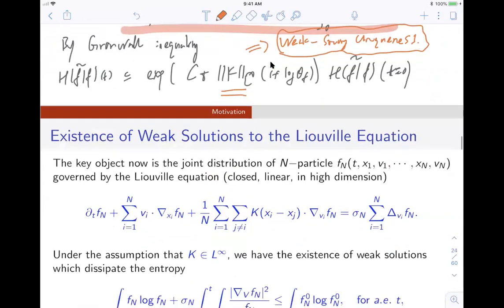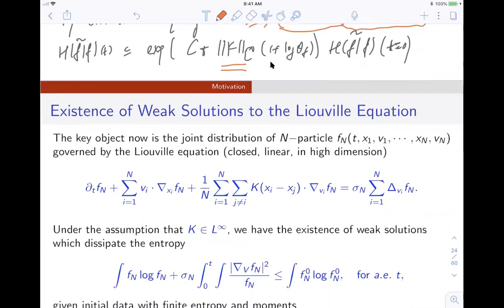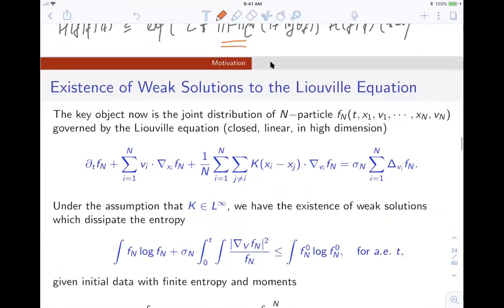So then we try: can we compare the particle system with the Vlasov system, also assuming the interaction kernel K is L infinity? Does this type of estimate also work? The answer is yes, and this motivates the relative entropy method in the mean field limit.